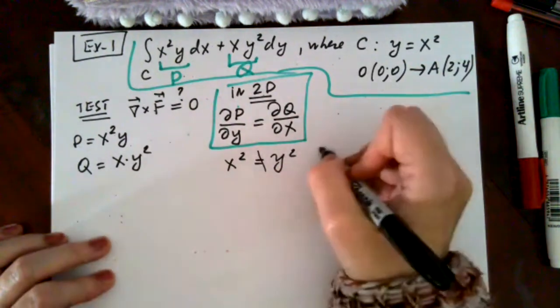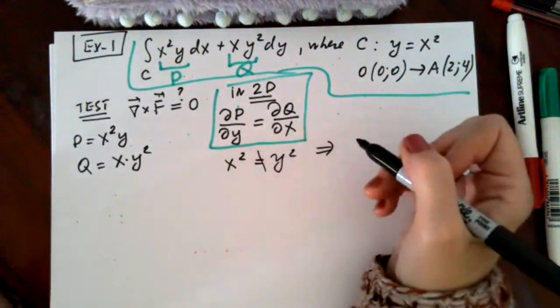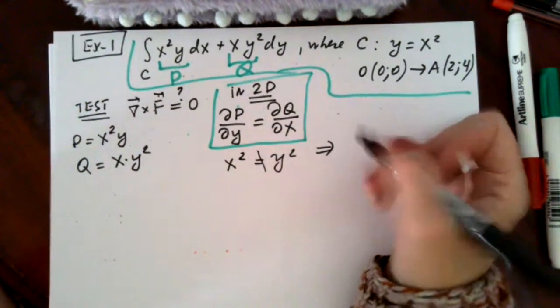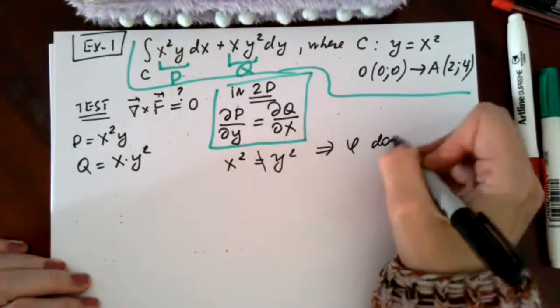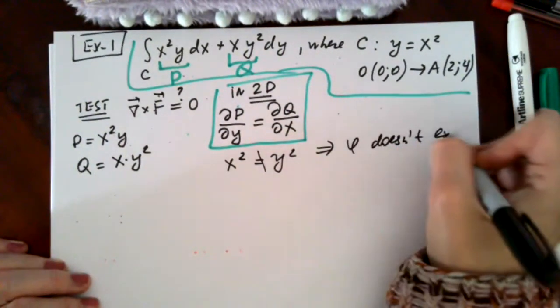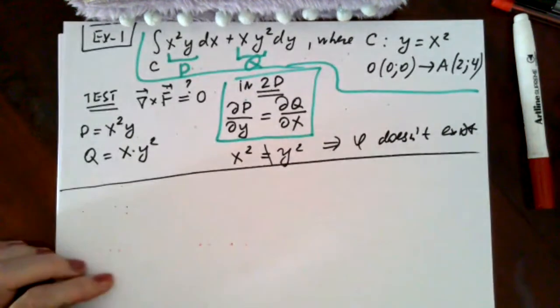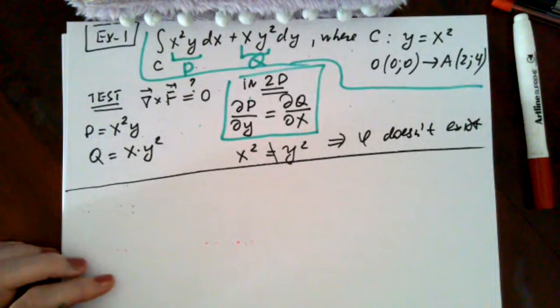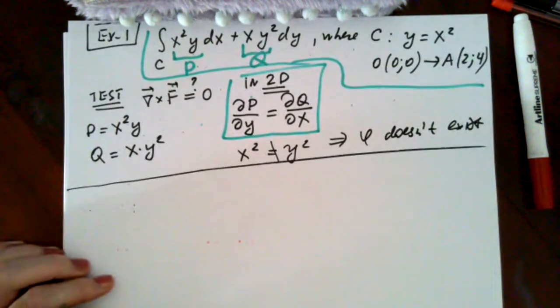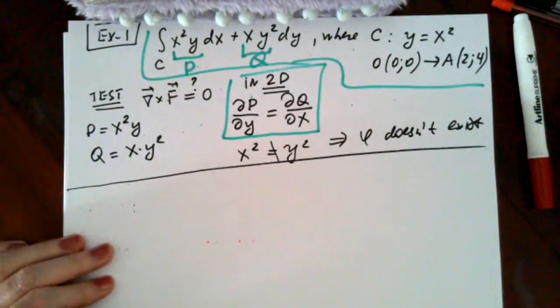No, they are not equal to each other. It means that our field is not irrotational, and that is why phi doesn't exist, and no option for us is left but to learn this new technique.